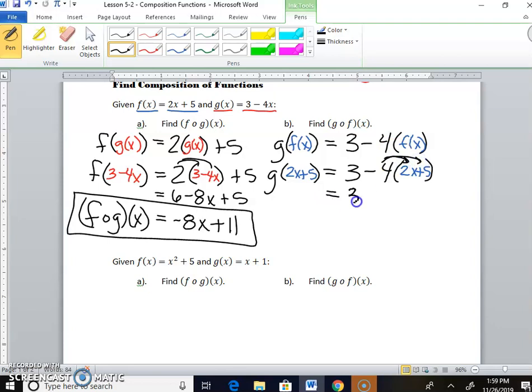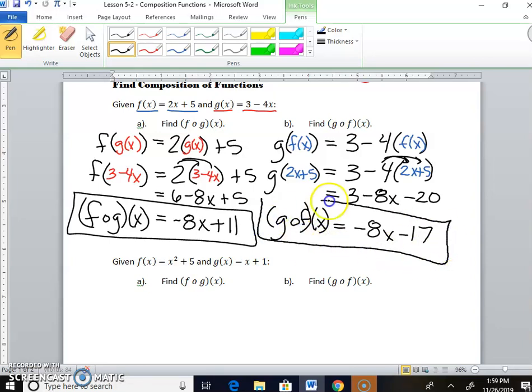Distribute my negative 4, so that's 3 minus 8x, and then negative 4 times 5 gives me a negative 20. I end up with negative 8x minus 17. So g open circle f of x is negative 8x minus 17.